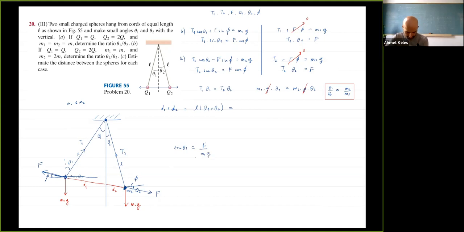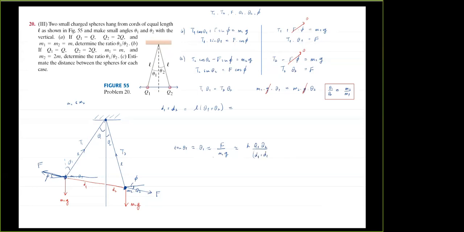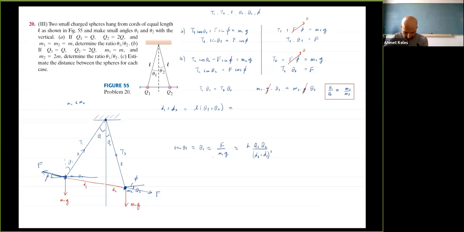M1G. So this is approximately equal to what? I want to also do the small angle approximation here. This is theta 1, so this is equal to K Q1 Q2 divided by D1 plus D2 squared.